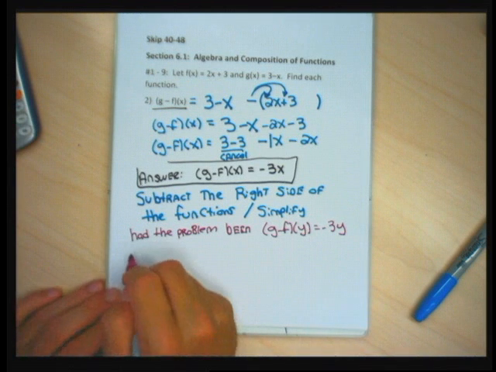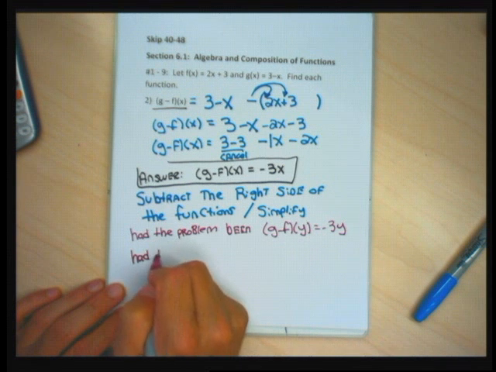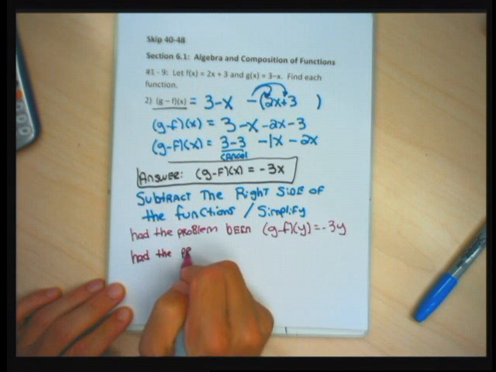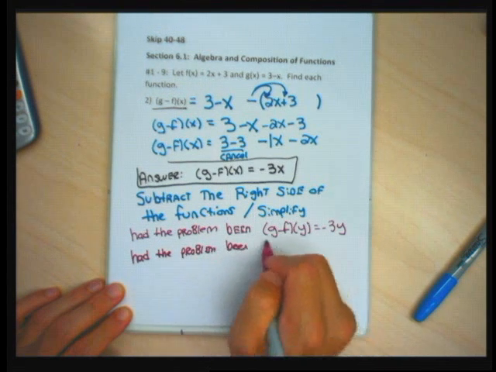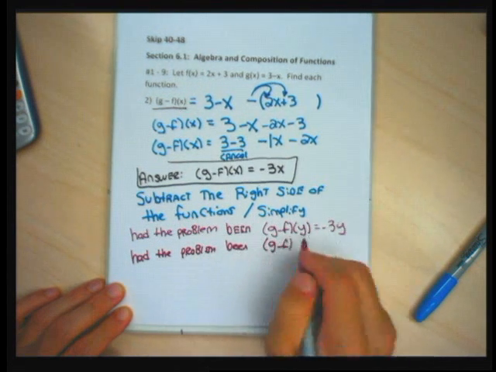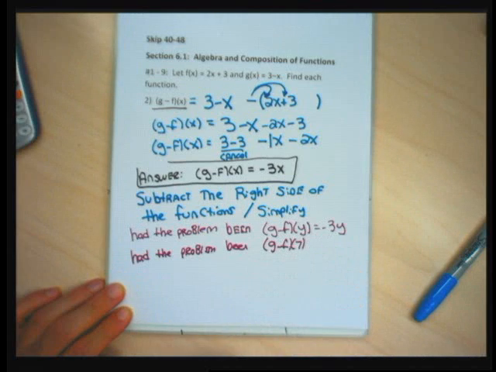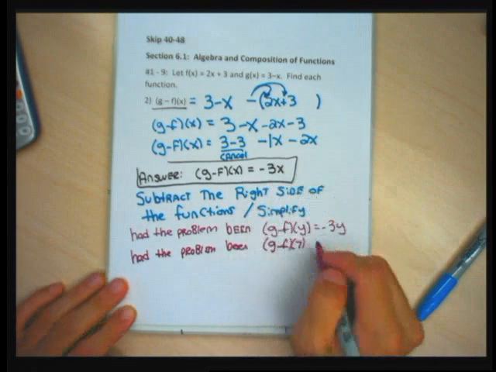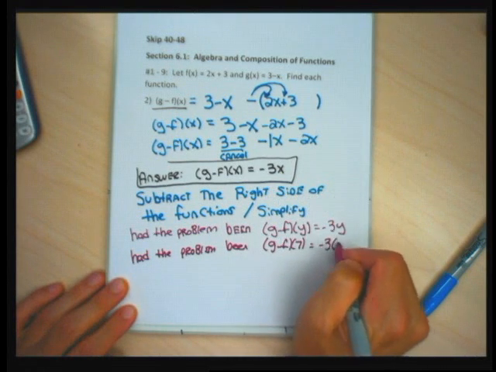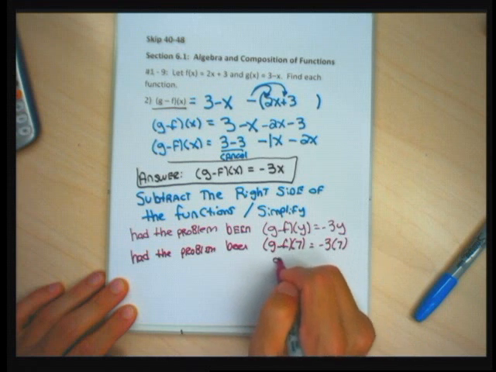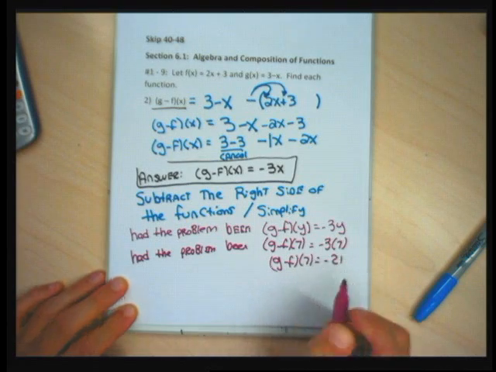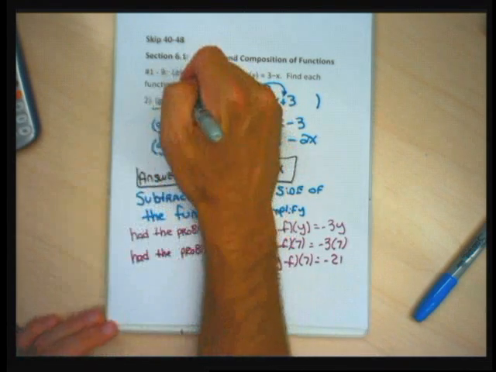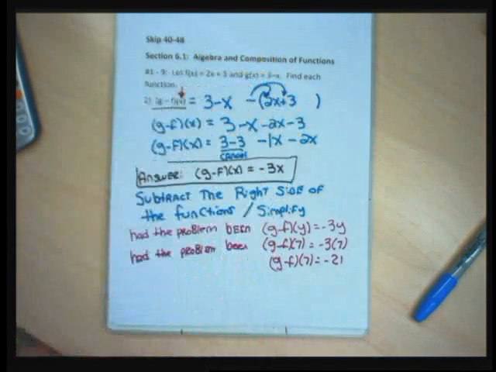Had the problem been written g minus f of 7, instead of having an x in my answer, I would have changed the x to a 7, and my answer would have been g minus f of 7 equals minus 21.